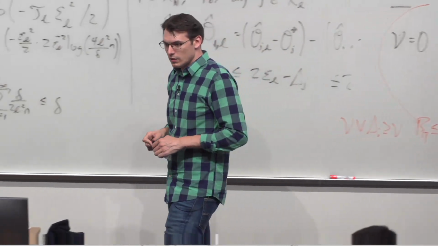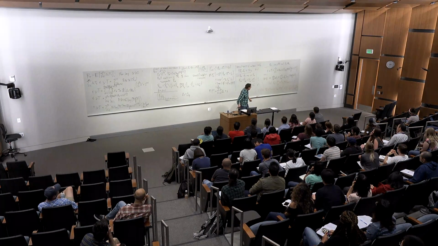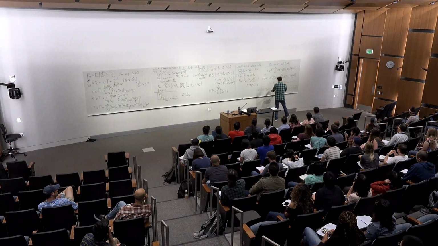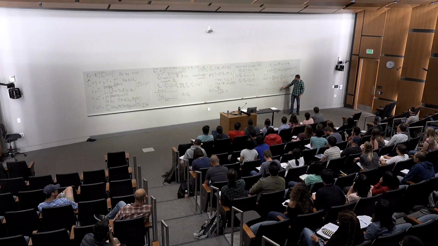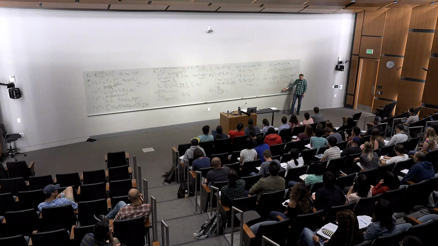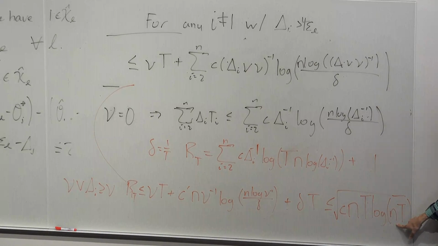Did you put delta equals 1 over T in the last line as well? I missed that. Yes, so I have this regret bound for any value of nu, and then I'm going to optimize over my value of nu because it holds for any nu, and that turns out to pick something like this with a delta down here.